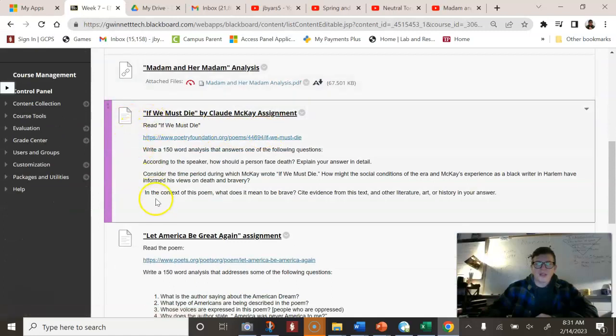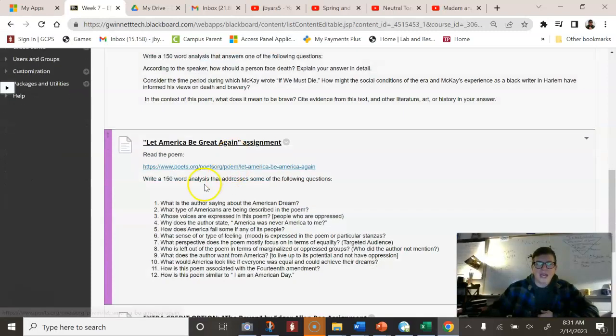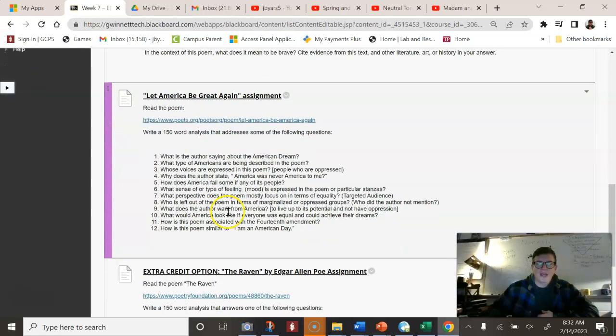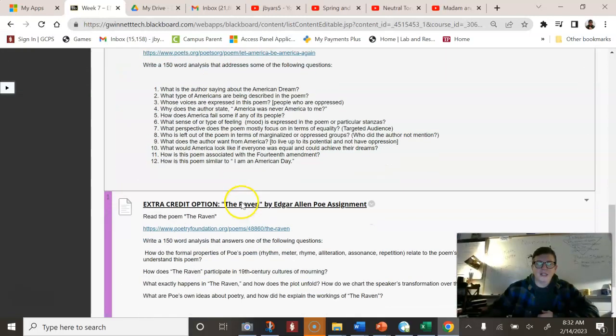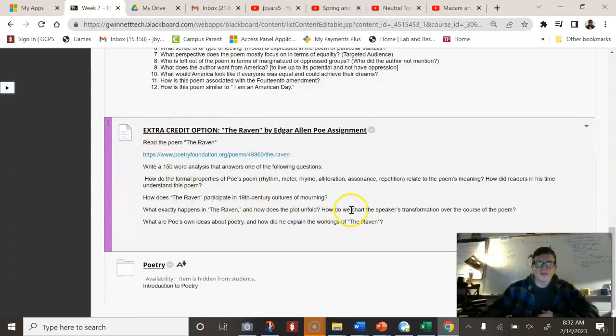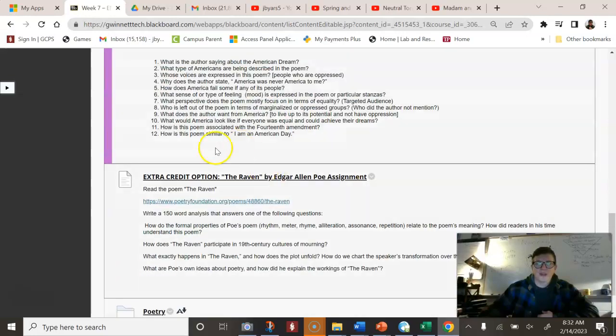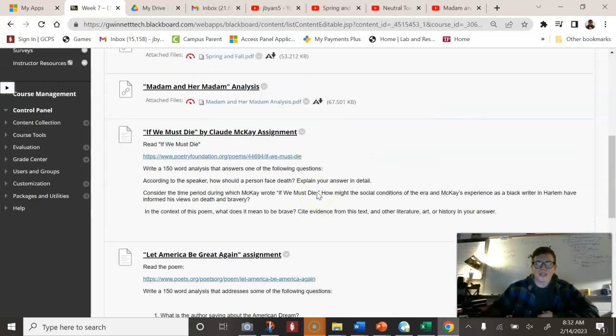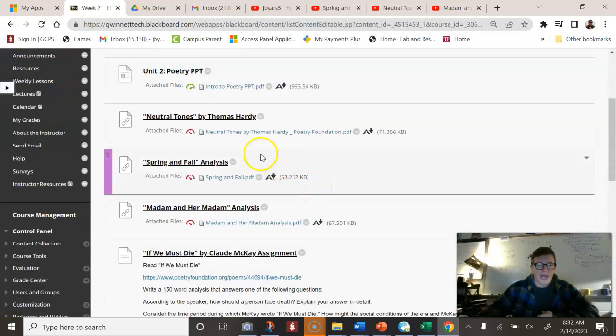These are the assignments. Actually, there are 2 assignments that are required: If We Must Die by Claude McKay and Let America Be Great Again. And then there is an extra credit option, right here, about The Raven. So if you complete that one also, then you get extra credit. Some of you I know will be really happy about that.